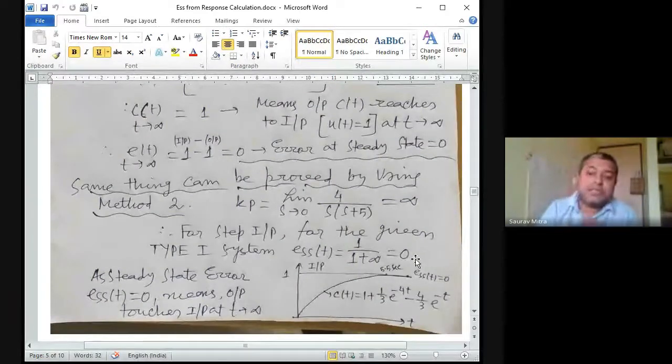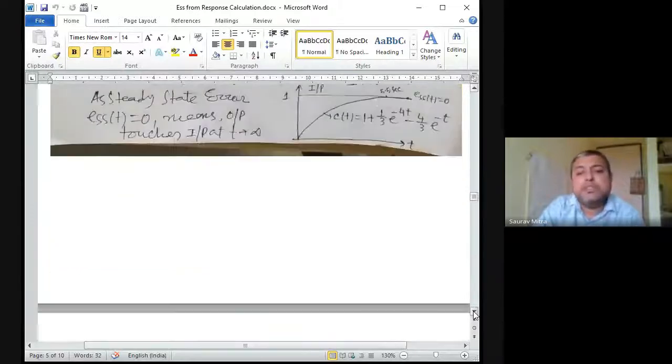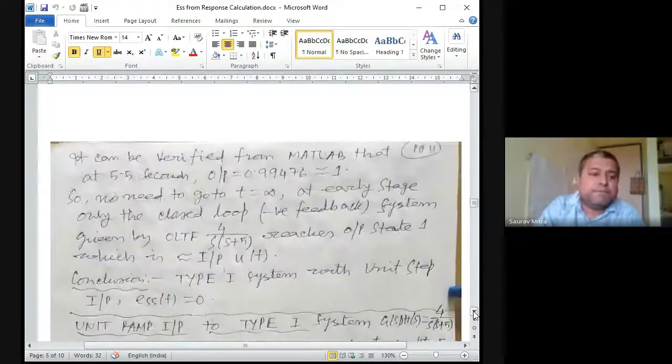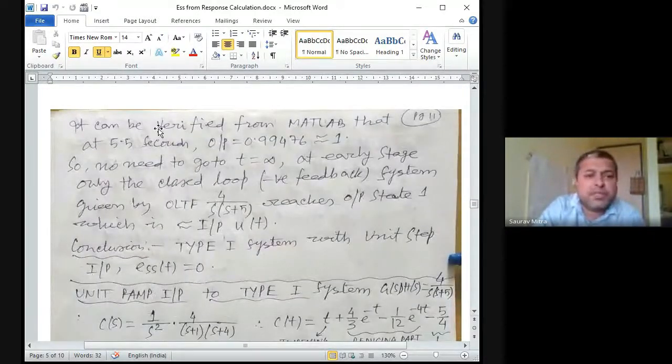Okay, so this is the first case. In case of type 1 system, with unit step input, we are finding that the response is touching the input after a certain time. That means the steady state error will be equal to 0. And now we are coming to the most interesting thing, so there is a conclusion from here. It can be verified from MATLAB that at 5.5 seconds the output, that is CT, is almost 0.994, almost equal to 1.